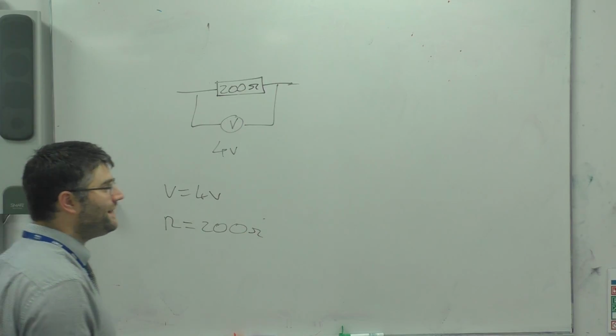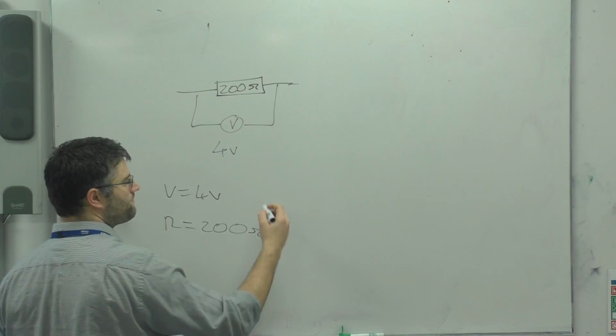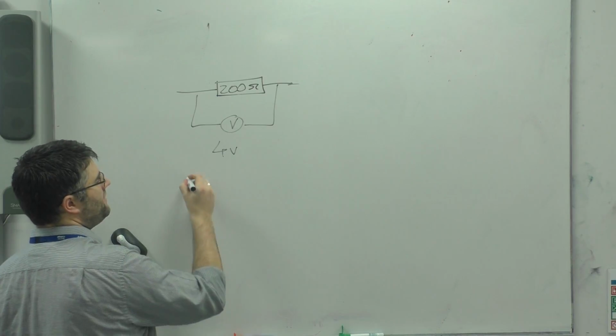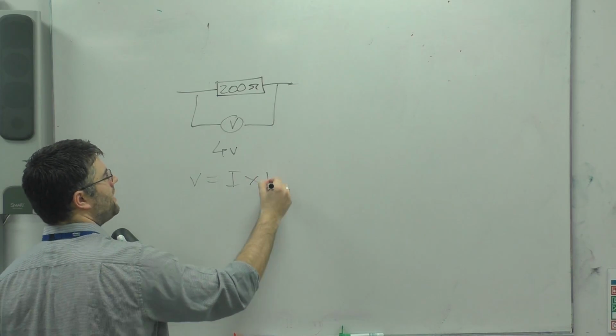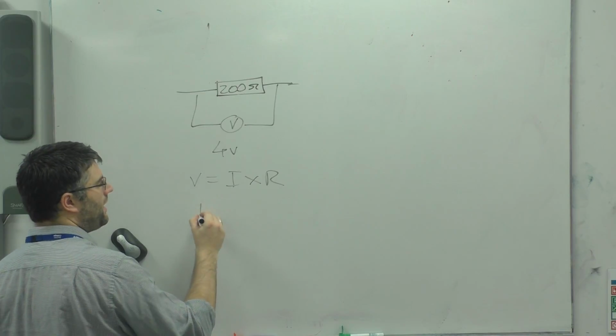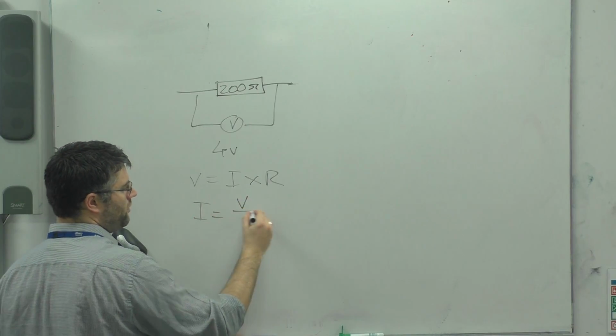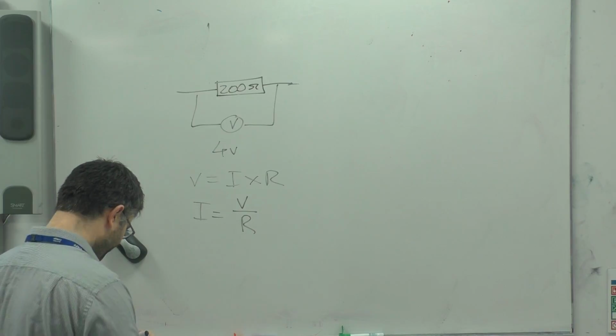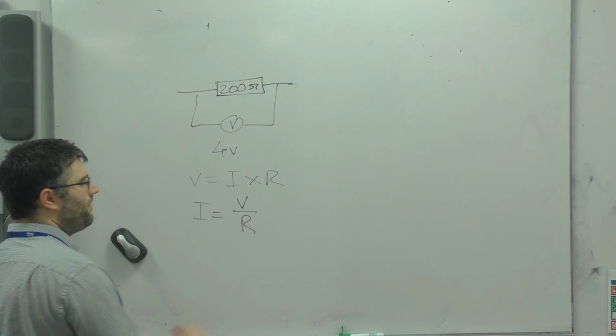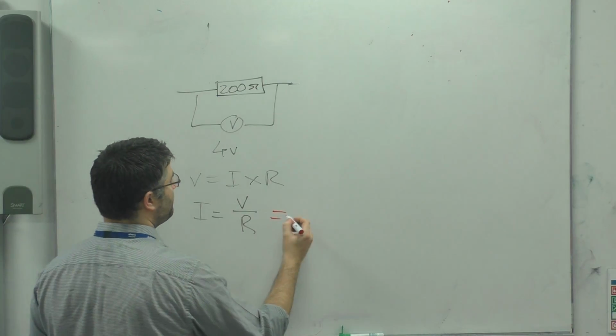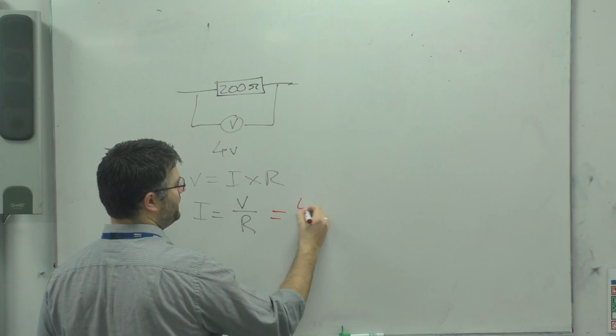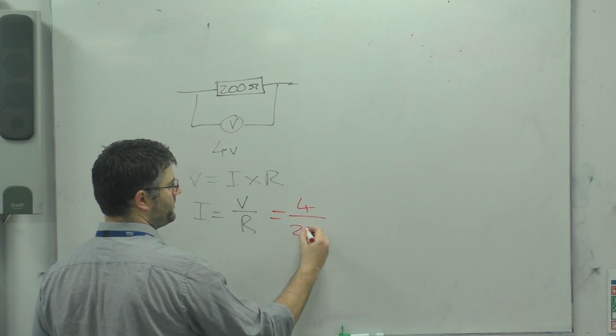So what can I find out about this? Well, I can work out the current. If V is equal to I times R, therefore I is going to be equal to V over R. And so as a result, we can put some numbers into that this time, and we can go, okay, well, voltage is 4 divided by 200.